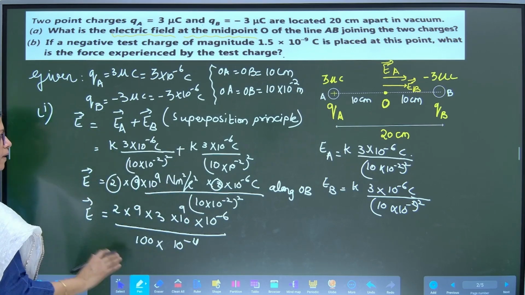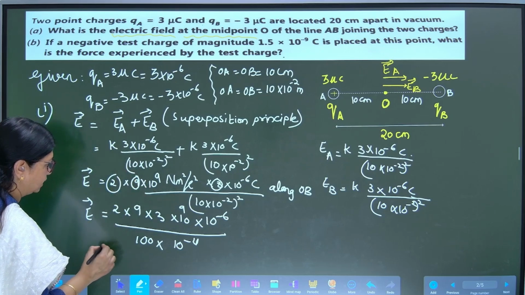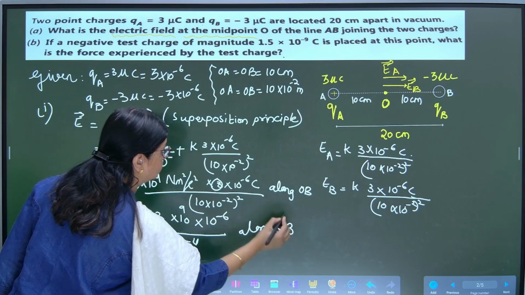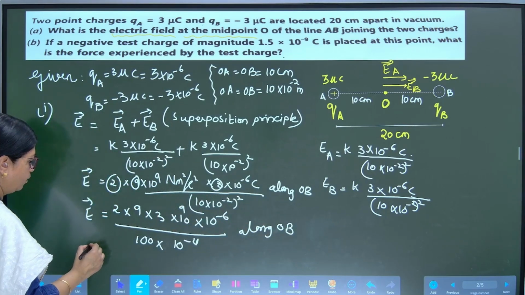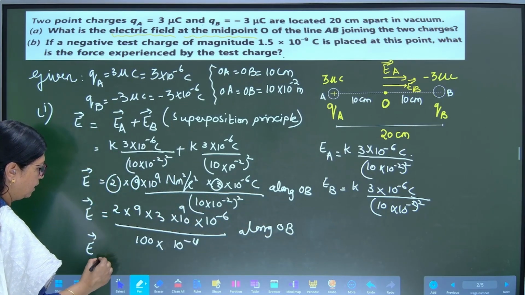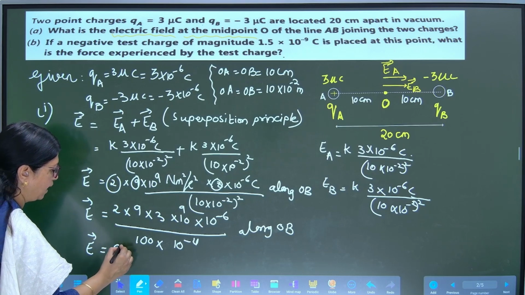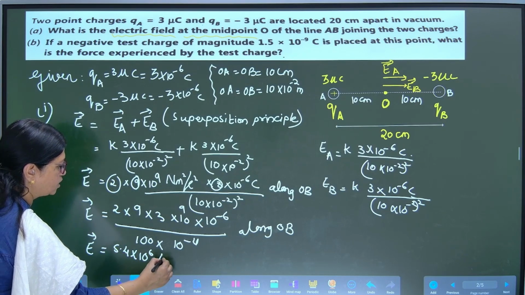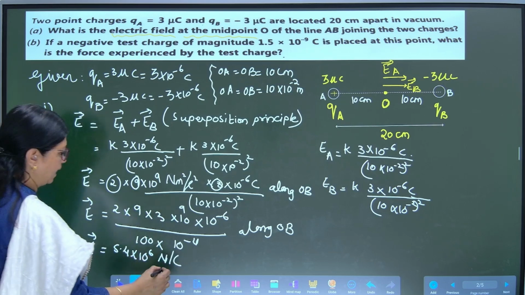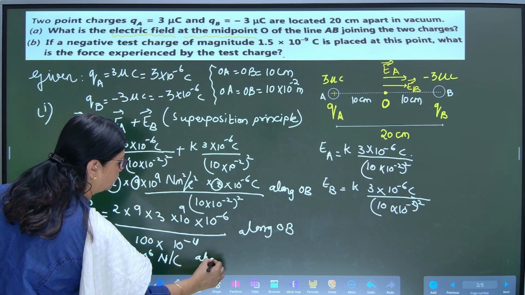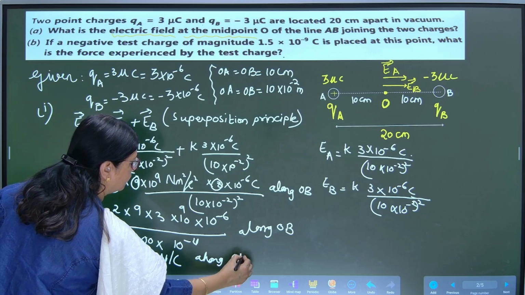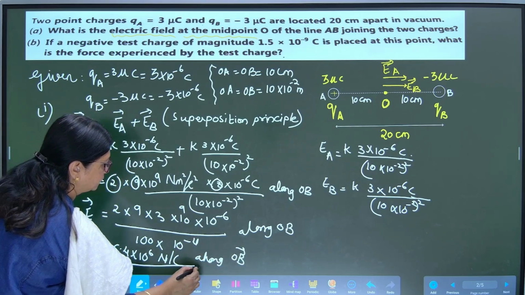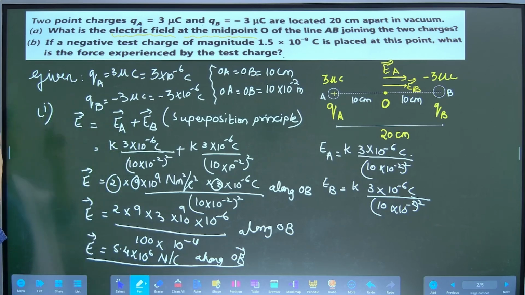So solving this, and it is very important to write the direction, what I get is electric field equal to 5.4 into 10 raised to 6 Newton per coulomb, direction along OB. Fine. This is my answer for the first part of the question.